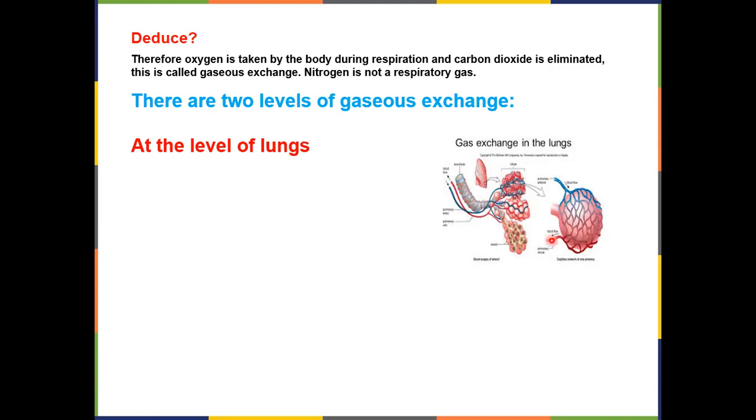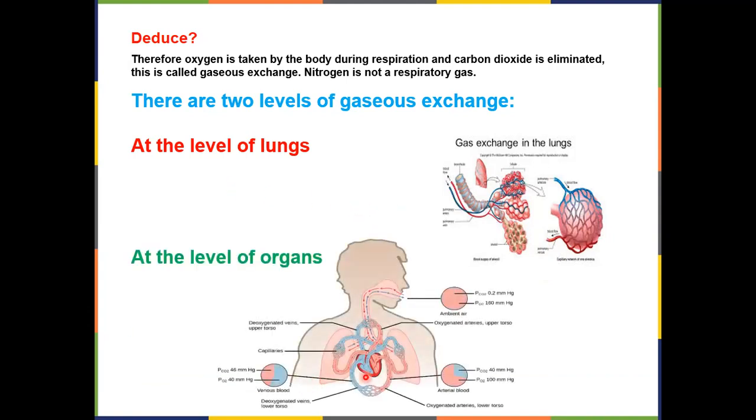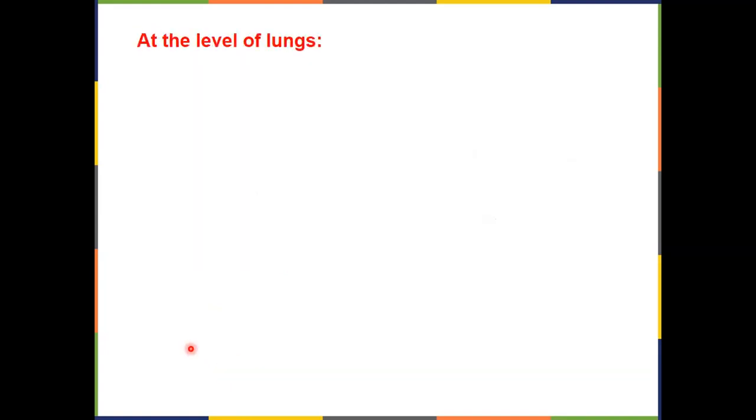You have two types of blood vessels, one entering the lungs and the other leaving the lungs. At the level of organs, look at each organ here. For example, in the heart, there is always blood entering and blood leaving.